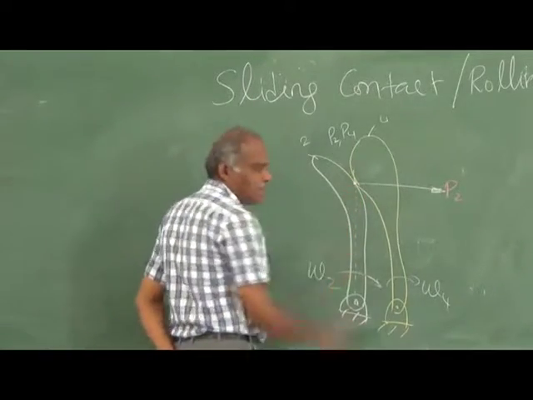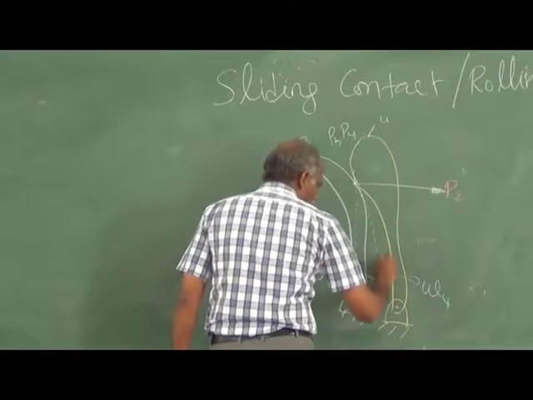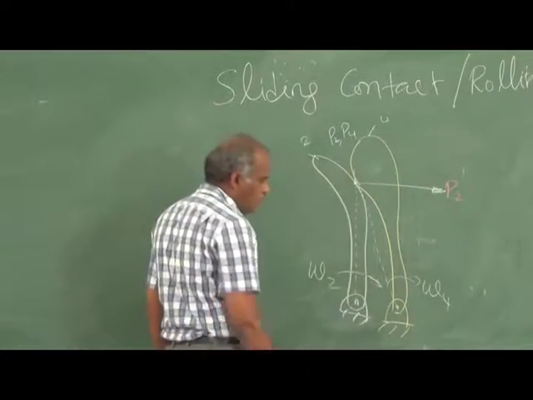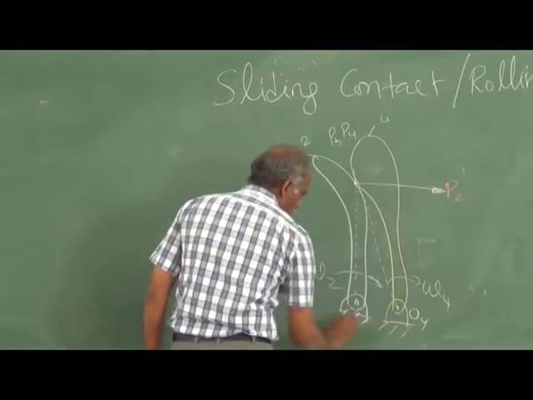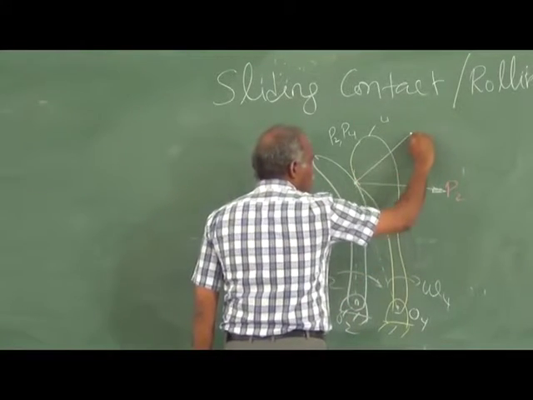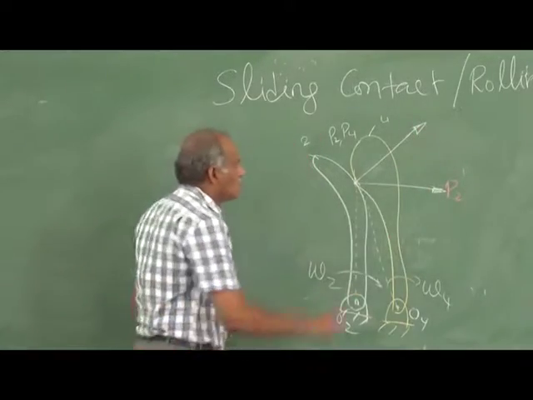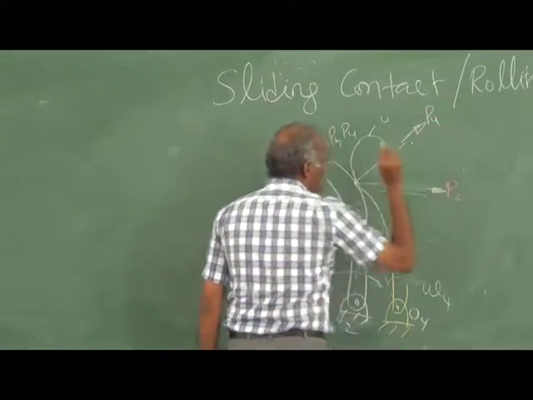And if you want to find out the velocity of P4, that is perpendicular to the line connecting P4 and O4, so that will be perpendicular like this. So this is, say, the velocity of P4.